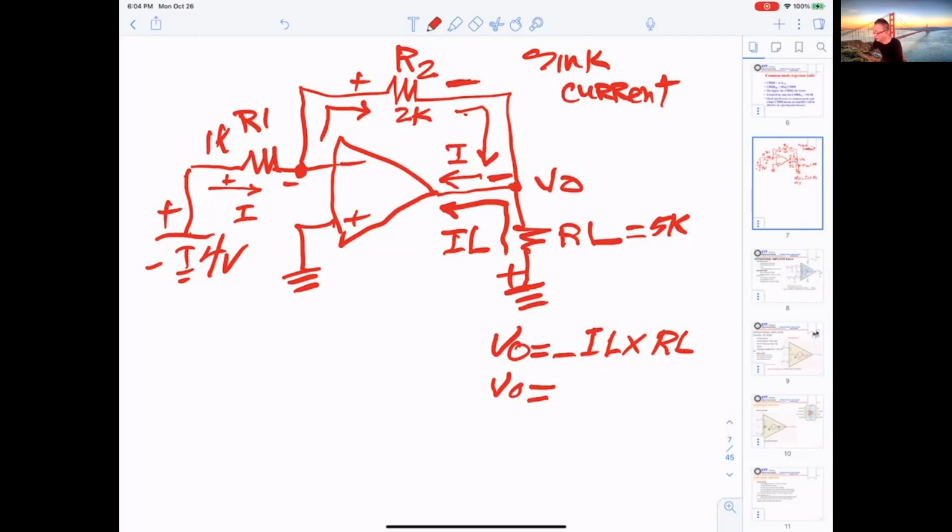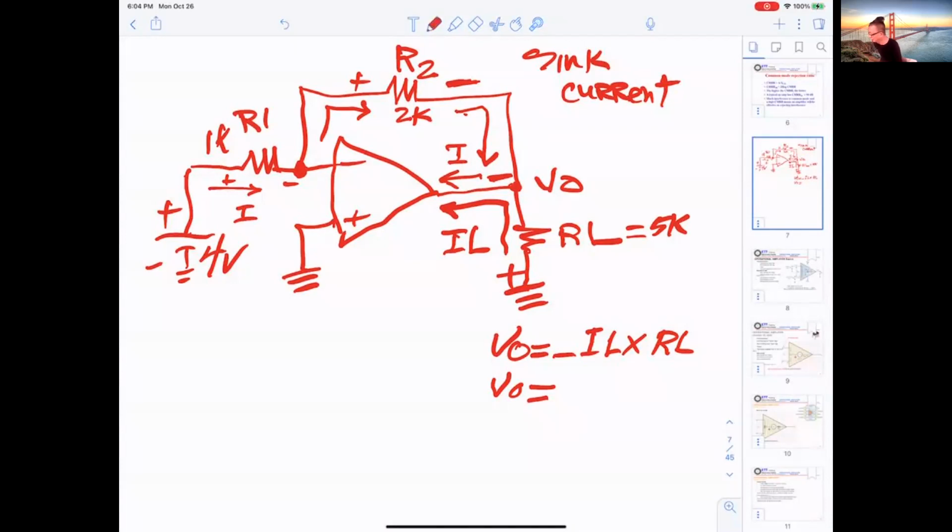Why? The thing is, this point right here is the virtual ground, which is the same as this point right here, also the root. So V out, they can measure from here to this root, and also from here to the other root right here. Okay?